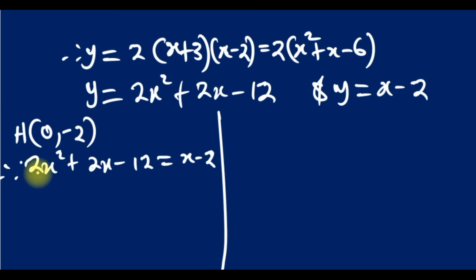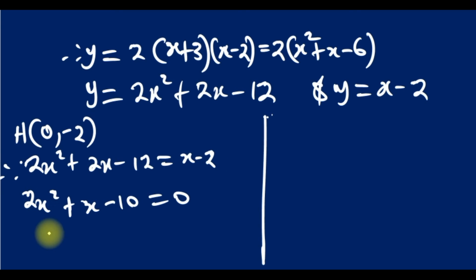So we solve. We have 2x squared plus 2x, this x comes here, 2x minus x is plus x, and minus 12 plus 2 is minus 10, equal to 0. As you can see, we can factor this as (2x plus 5)(x minus 2).